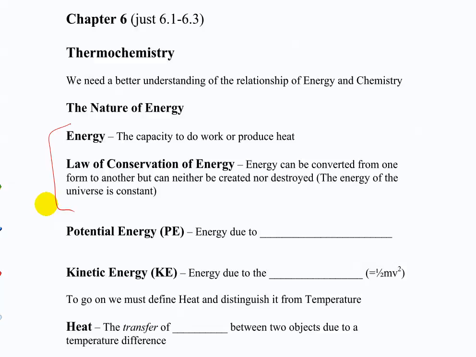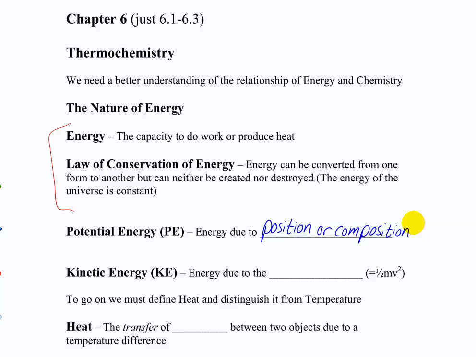Potential energy we'll define as the energy due to position or composition. So either where it is, as in a ball that's very high has potential energy because it can fall, or composition, something made of a high energy substance can undergo a reaction and then lose that energy.